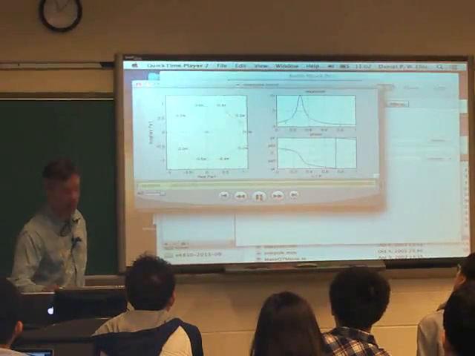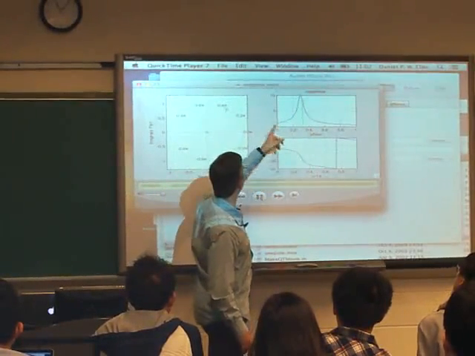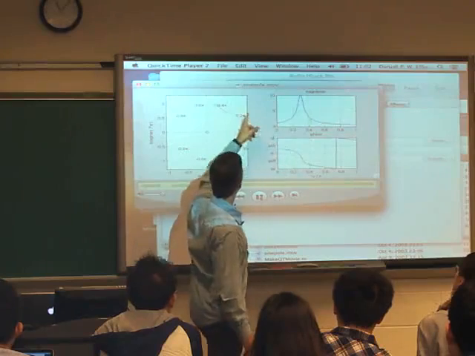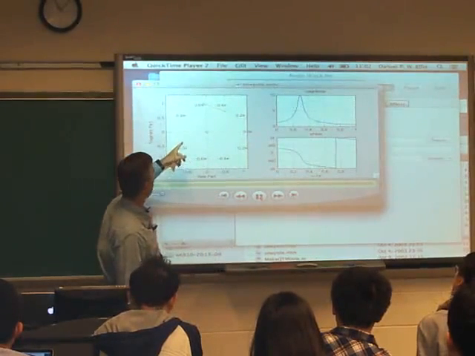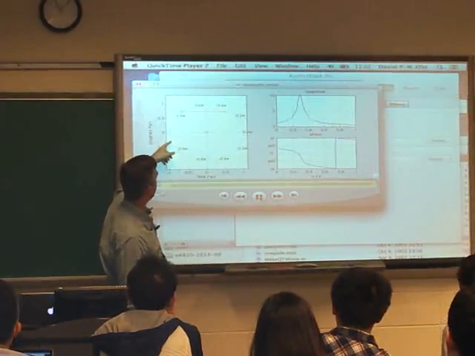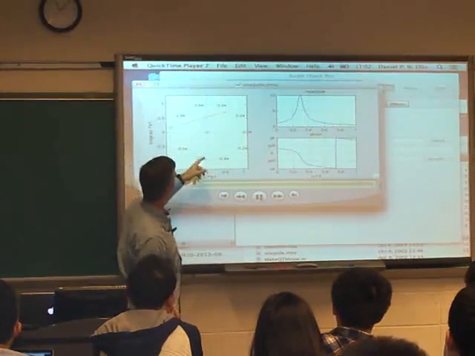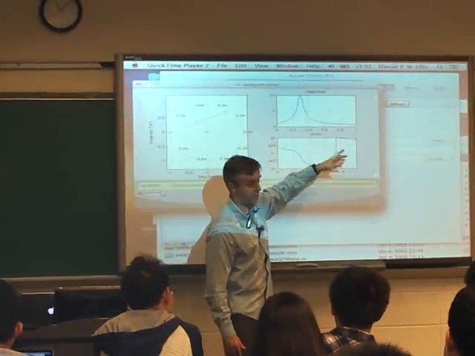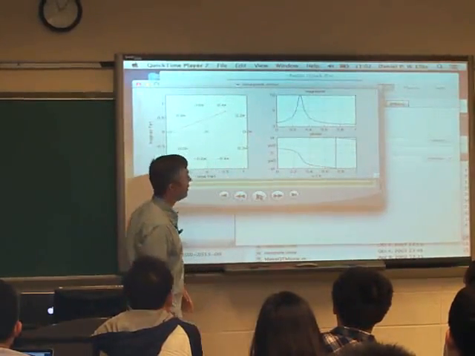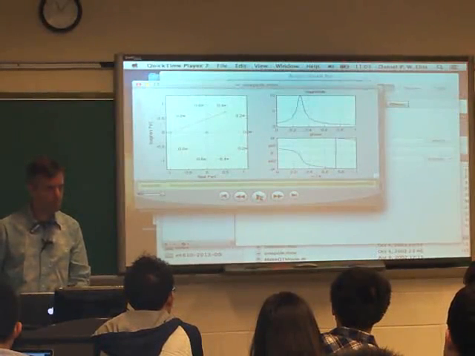The vector is getting shorter, so the reciprocal of the vector length is getting larger, goes through a maximum there, and then gets small again as this thing gets long, goes out to some minimum when it's furthest away, and then builds back up again. And again, we've got the phase. The phase is actually the same function, but just negated. That's all that's going on there. You see that?